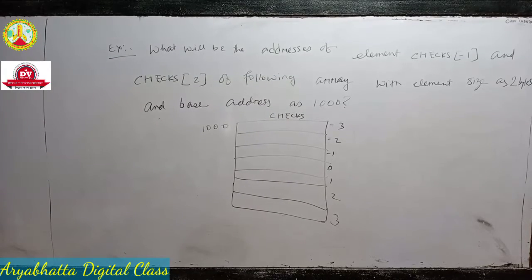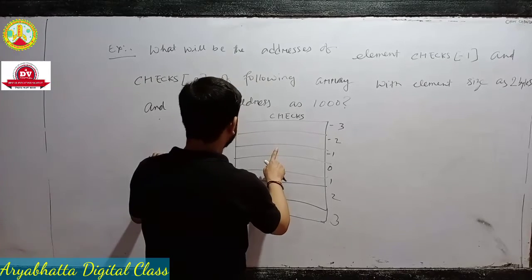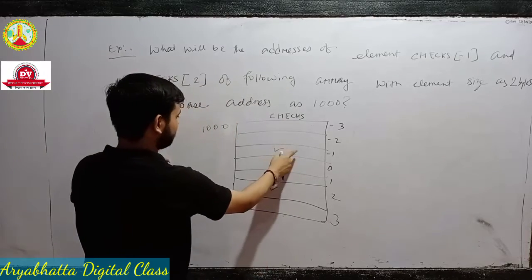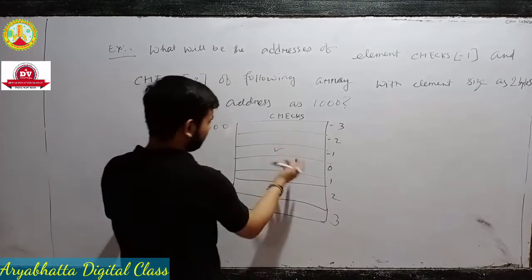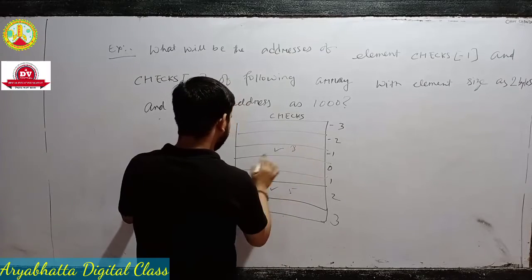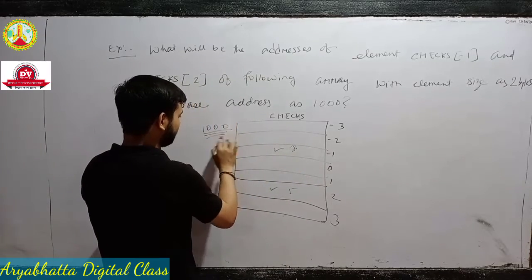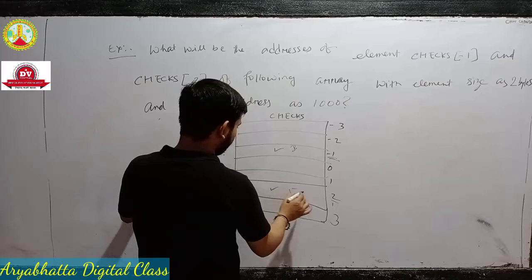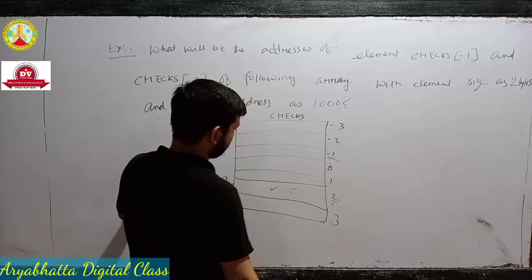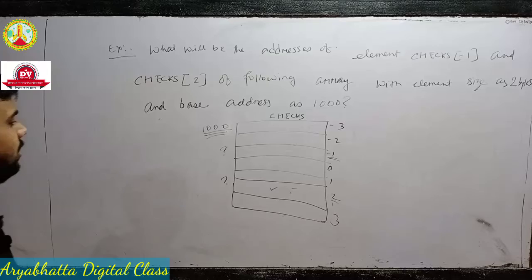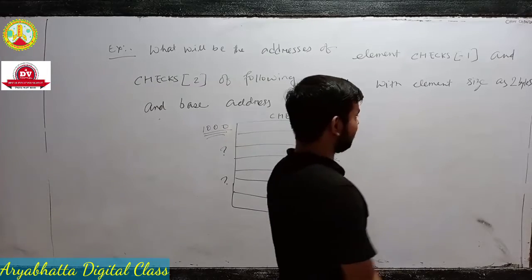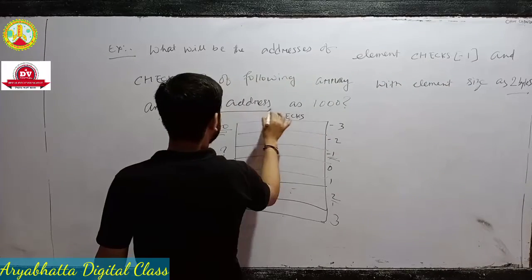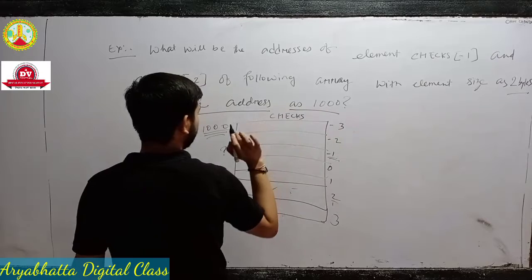What will be the address of this element and this element? Suppose there are some integer elements here, say 8 or 5, anything. Suppose the first element address is 1000. We have to find the address of these subscripts using the formula. Understood? We take the element as int data type, that's why we take 2 bytes memory size, and base address is given as 1000.